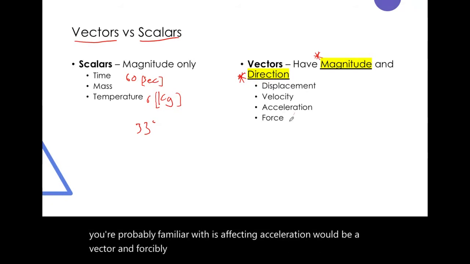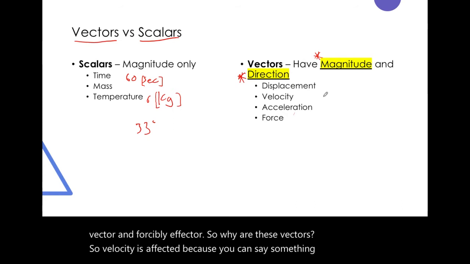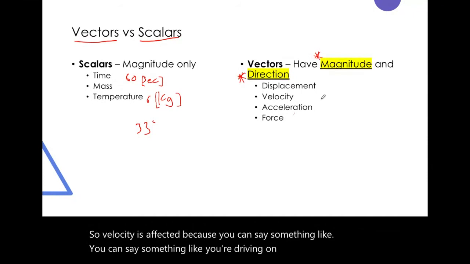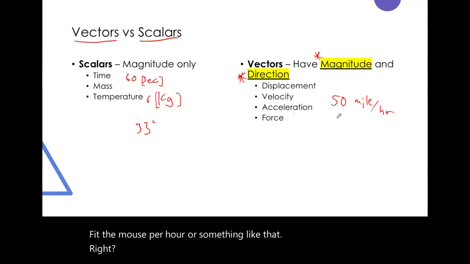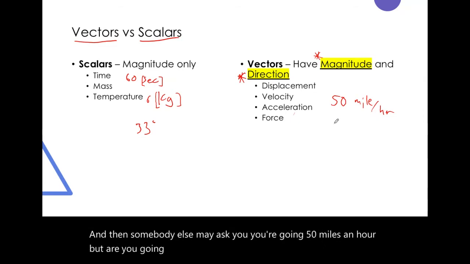So why are these vectors? Velocity is a vector because you can say something like you're driving on a highway at 50 miles per hour. Then somebody else may ask, you're going 50 miles an hour, but are you going north or are you going south?